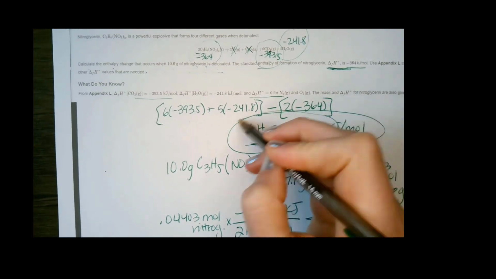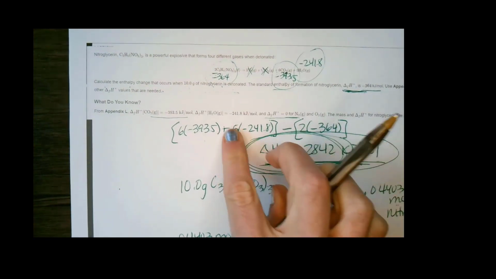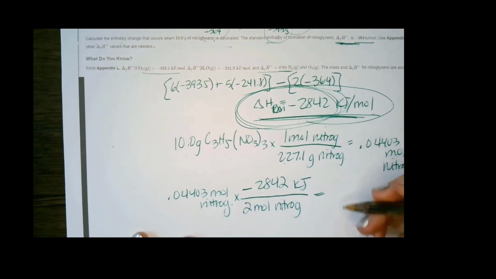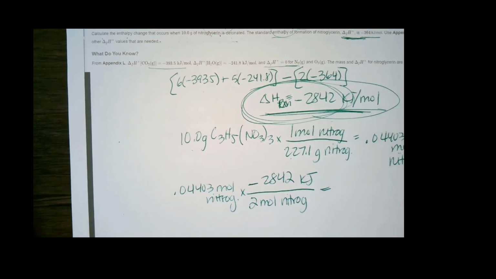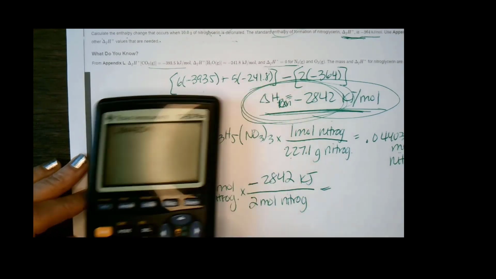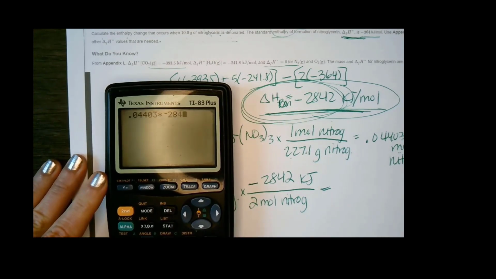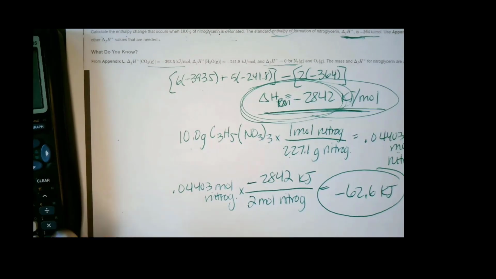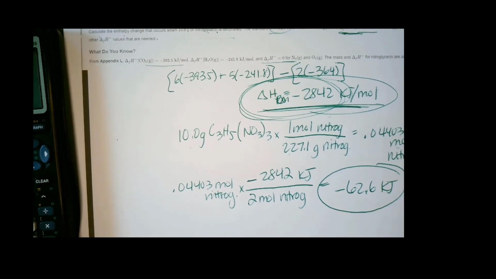So I can use that delta H that I found from my products minus reactants. I went from grams to moles, and I just went, oh, for 2 moles of nitroglycerin, this much energy is released. So now my last part is 0.04403 times negative 2842 divided by 2. Negative 62.6 kilojoules is my enthalpy change when I have 10 grams of nitroglycerin react.